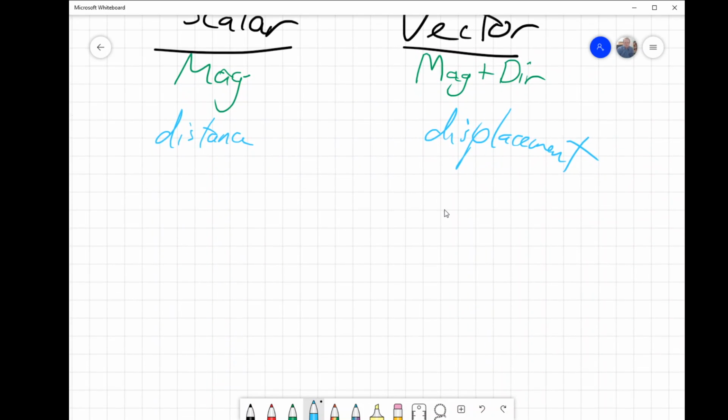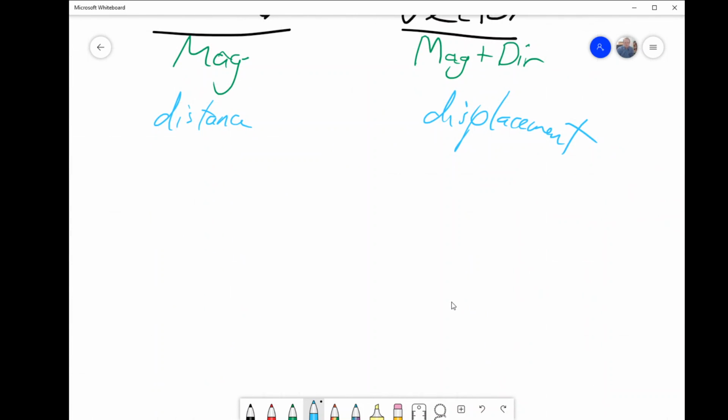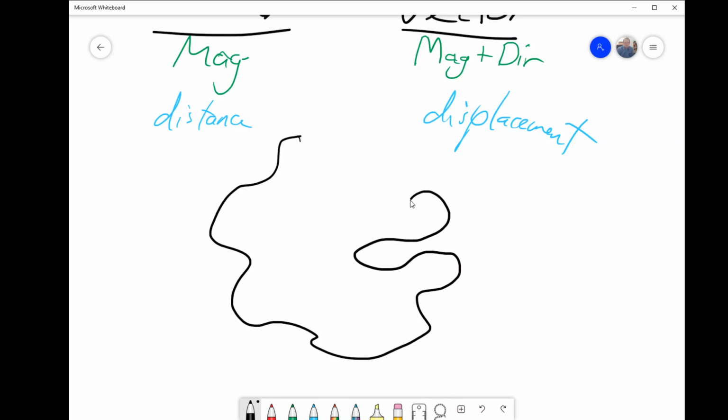With a distance, all that matters is like the odometer reading in the car. If you drive this long and windy and snaky route, the distance you've traveled is the length all around this whole thing. So that's like the odometer reading in a car.